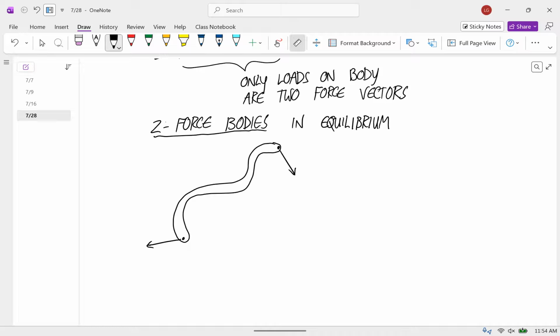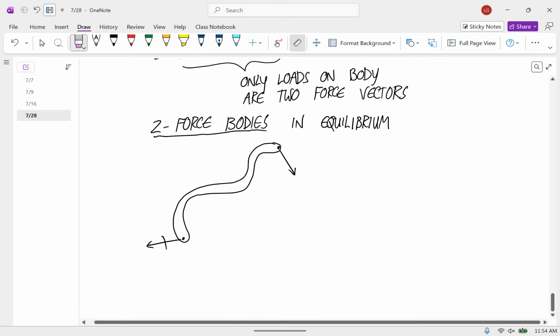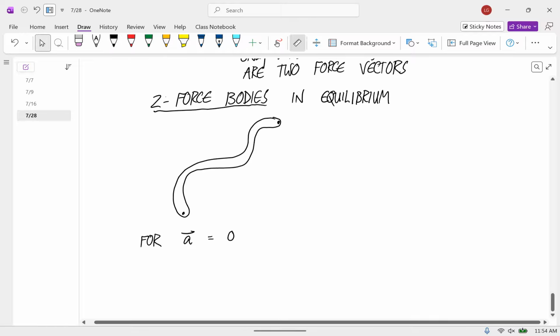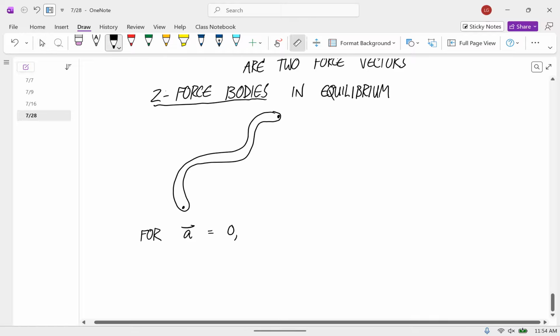No, this would have some acceleration because those force vectors don't add up to 0, right? So for the acceleration to be equal to 0, those forces have to be equal and opposite.